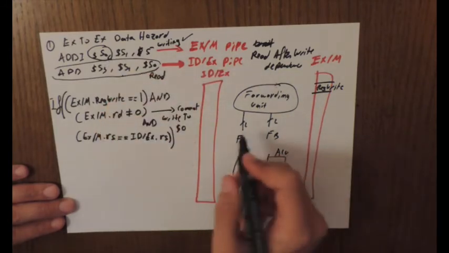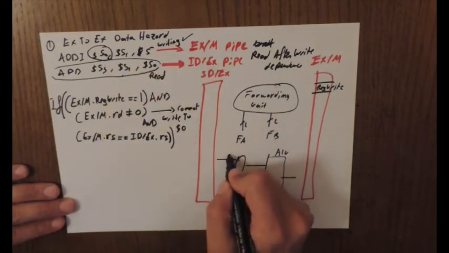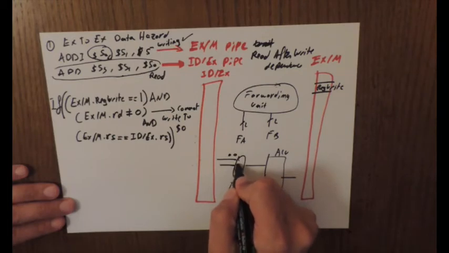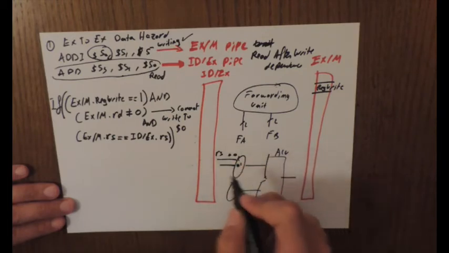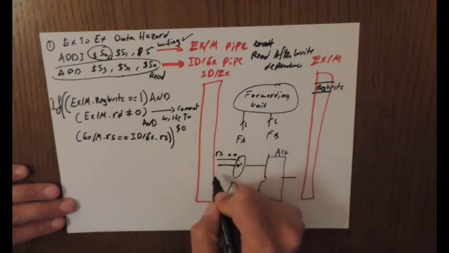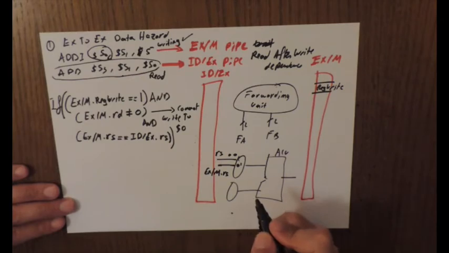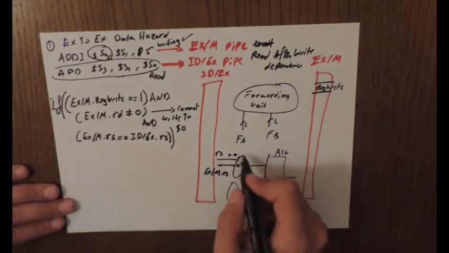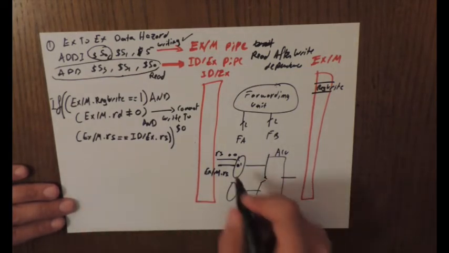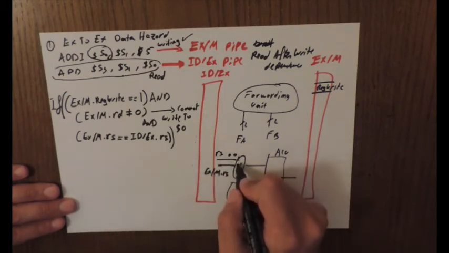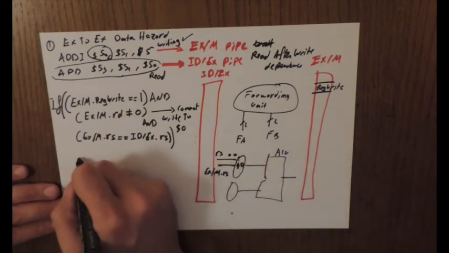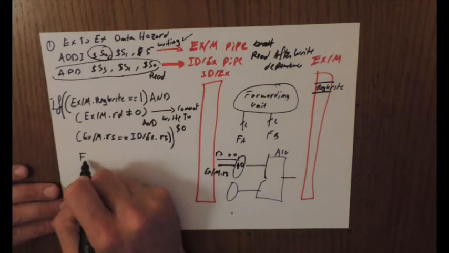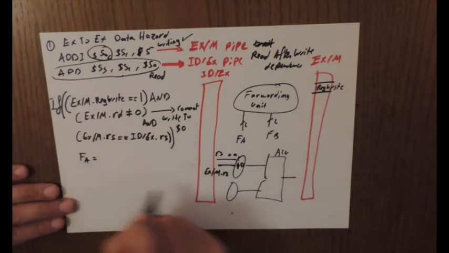Then, this is 0 0, this is 0 1, so this is the normal RS, and this is going to be EX over memory dot result. Now this is 0 1. Let's say 1 0 is better. FA is equal to 1 0.